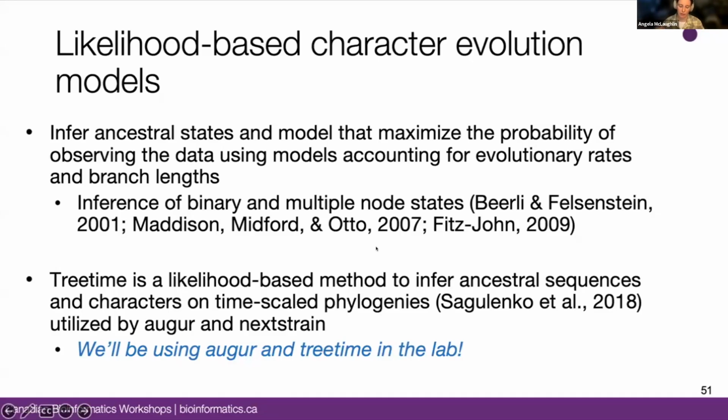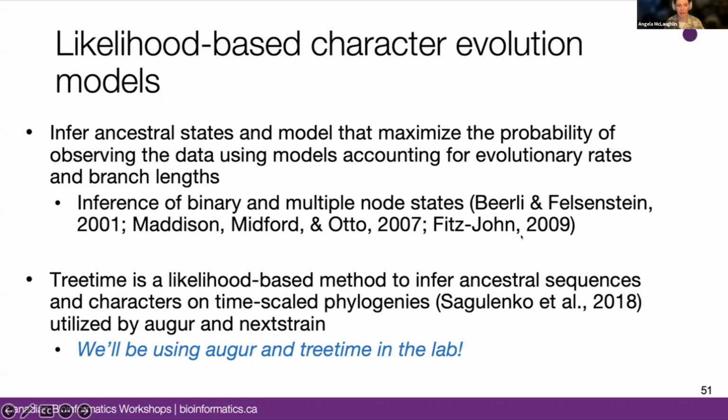Some of the landmark papers in this approach are for the inference of binary and multiple node states. These are sometimes called BiSSE or MuSSE models, not the best acronym. And again, we have some Canadians here. Sarah Otto out of UBC was a critical contributor here.